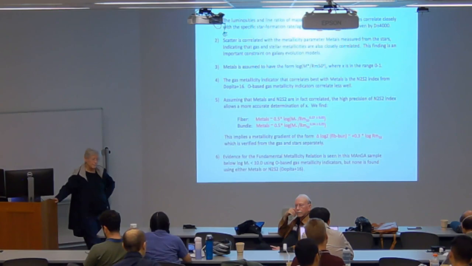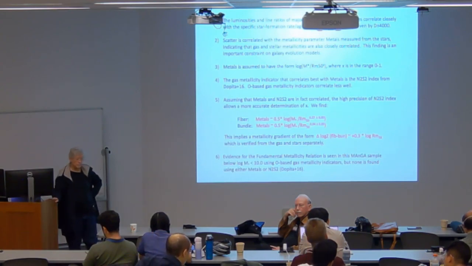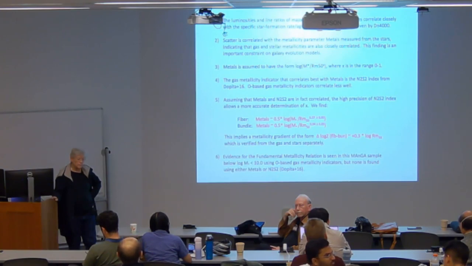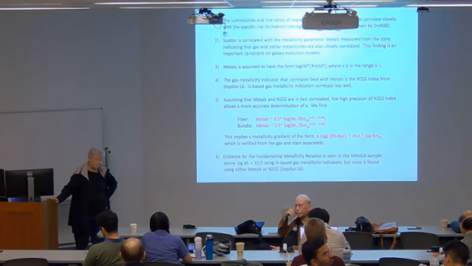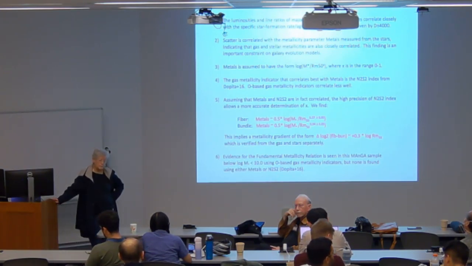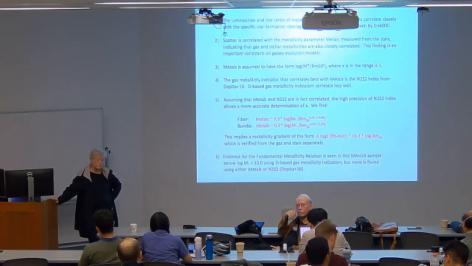And I'm wondering if maybe another possible interpretation is that this is really telling us about a real difference in the abundances of N versus O, and the stars are, of course, not based on O, and so maybe the reason the Dopita diagnostic agrees better with the stars is because both of them are looking at something other than oxygen.